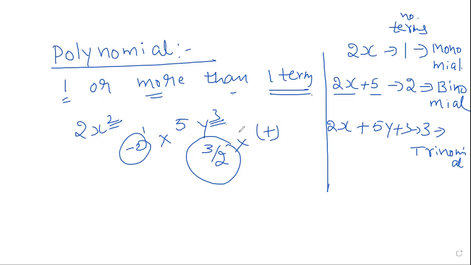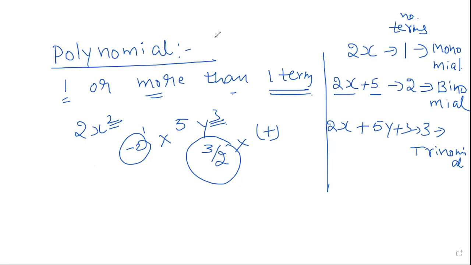There should be no negative numbers and no fractional forms. Did you understand the powers? In an algebraic expression, if the powers of the variables are non-negative integers or whole numbers, then it is a polynomial. The exponent should not be negative or a fraction.